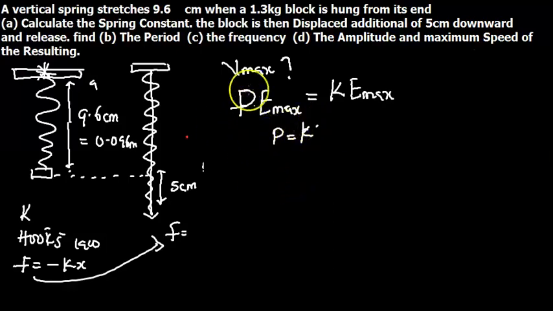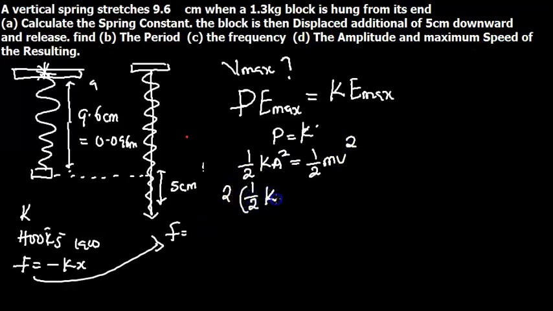Since potential energy relies on amplitude, this is simply going to be a half Ka square. For the kinetic energy, it is a half mv square, relying on velocity. Next, we need to multiply both sides by 2.